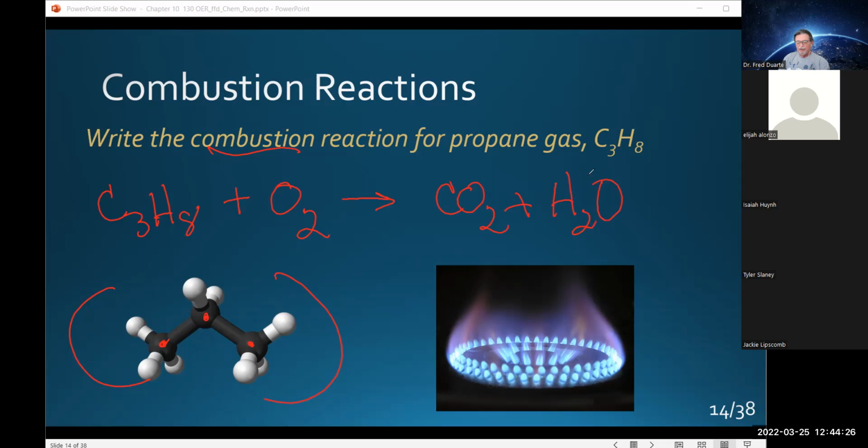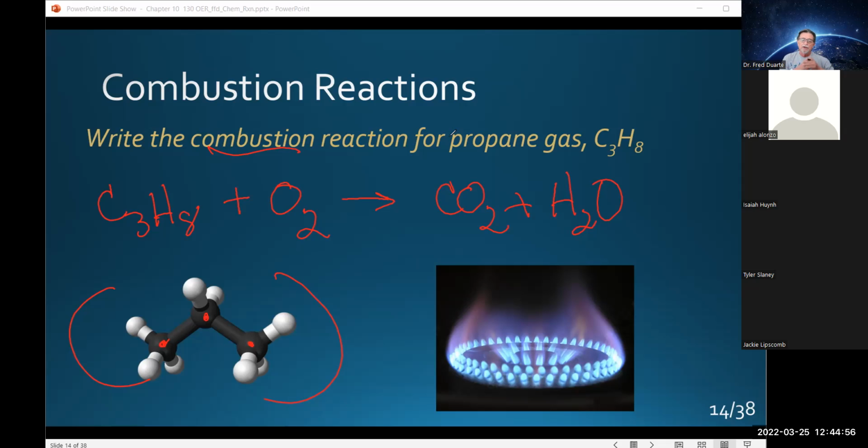Okay, and they're burning, so everybody's in the gas phase. I'm not going to put the physical state, but when it's burning, carbon dioxide is a gas, the water is a gas, you vaporized it, oxygen's a gas, and they're telling you propane is a gas. It definitely is. Okay, it feels like a liquid because it's in the pressure tank, but you open that tank up and it goes away as a gas.